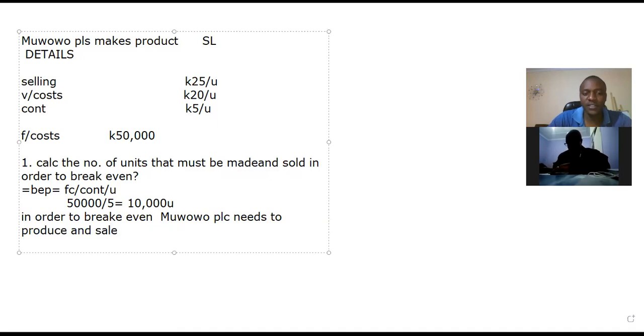Now notice, not just produce, but to produce and sell, how many units? 10,000 units.